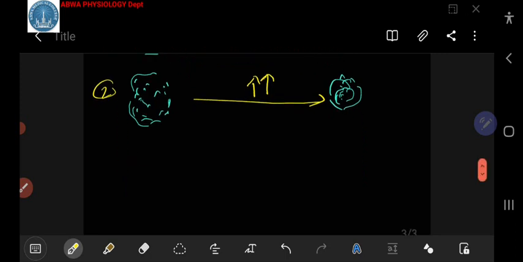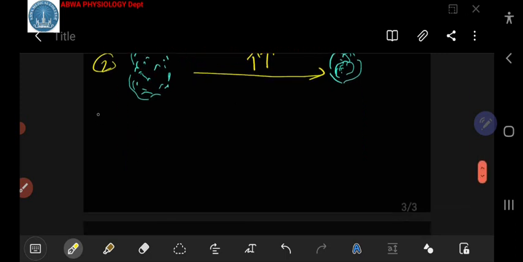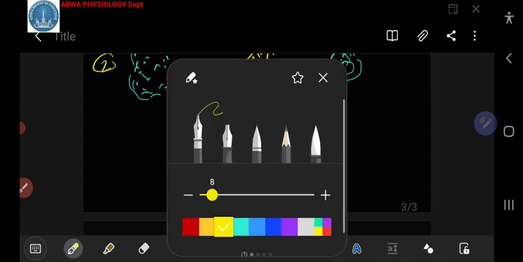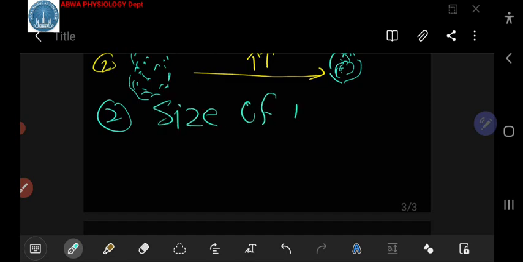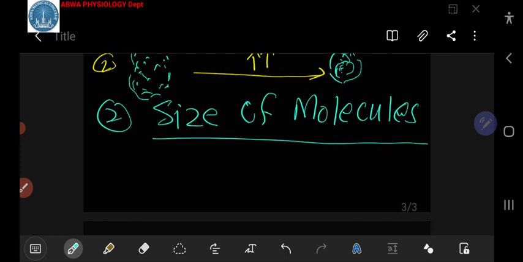Now the second factor is the size of the molecules.